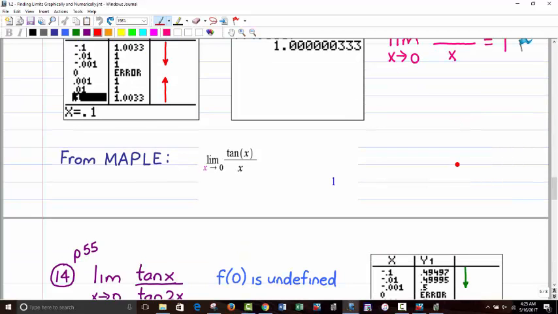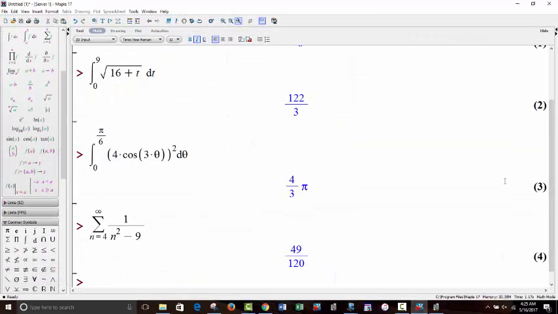Now, Maple's not something you have to know or use in this class, but it's a very powerful mathematical software package. You may encounter it somewhere down the road. I use it in Cal 1, Cal 2, and especially in Cal 3 with 3-dimensional graphs, but for all kinds of other stuff. I'll bring up Maple and see what I was doing here.